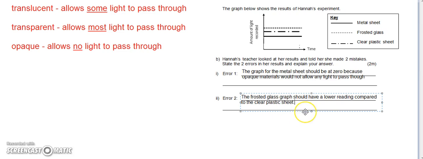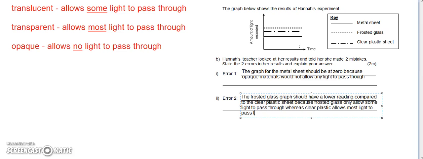So the frosted glass should have a lower reading compared to the clear plastic sheet because frosted glass only allows some light to pass through, whereas clear plastic allows most light to pass through.